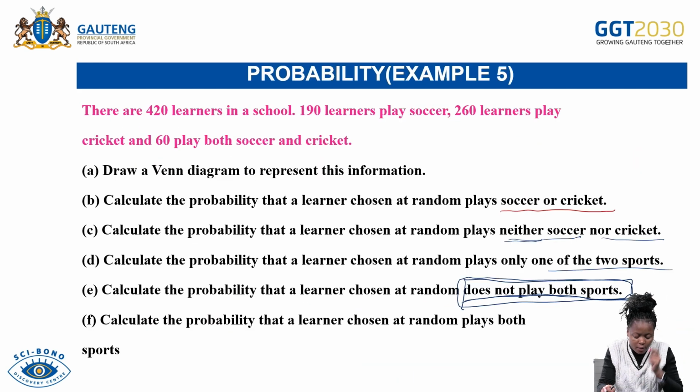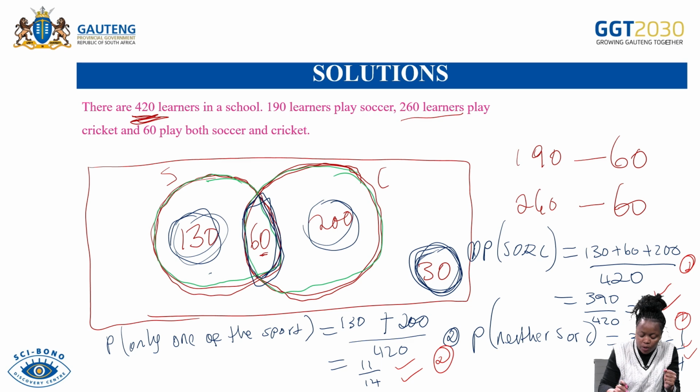It is saying, calculate the probability that a learner chosen at random plays both the sports. So now the learner chosen at random plays both the sports. The learner should play the cricket and at the same time play the soccer. Right? So we go to our Venn diagram. The probability of getting a learner who plays both the soccer and the cricket is, how many are they? There are 60.